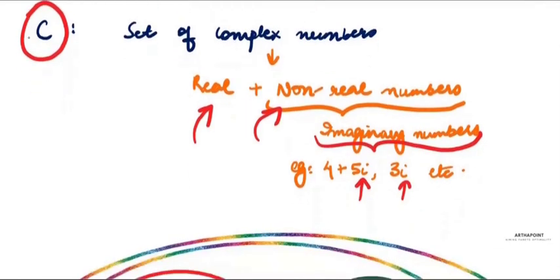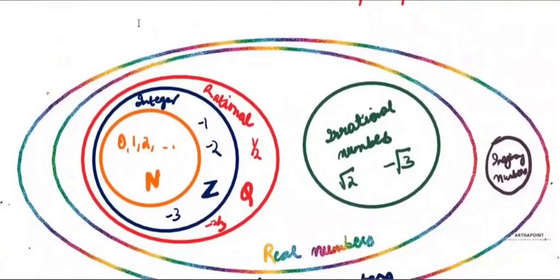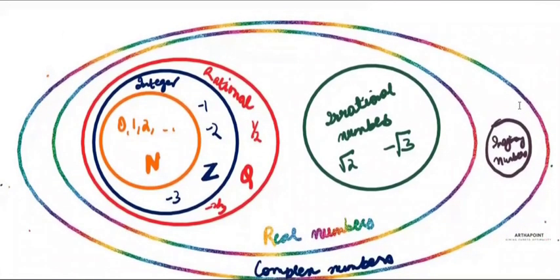Now, what I have done is I've gone ahead and represented this entire thing with the help of circles so that you understand this better. Now, please see this. We began with a set of natural numbers. And then we said natural numbers plus negative numbers. So we already have natural numbers.